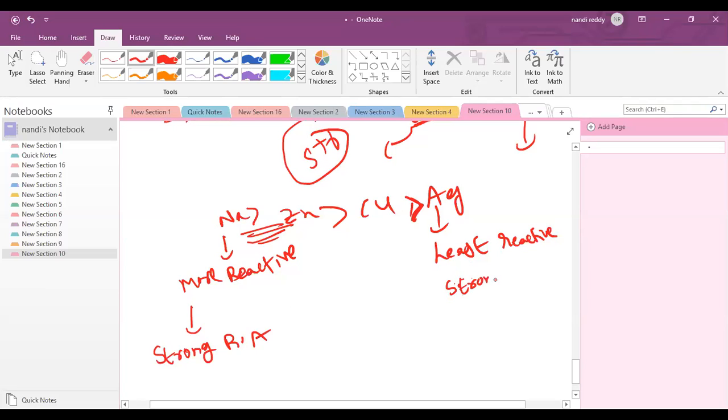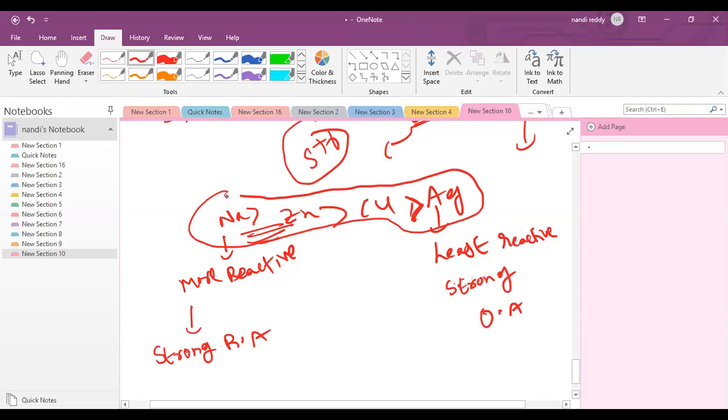Suppose assume that this is your reactive series, which you learned in 10th standard or below. Sodium is the more reactive element, so it can act as a strong reducing agent, and the least reactive element can act as a strong oxidizing agent.